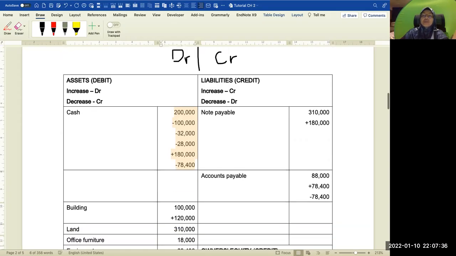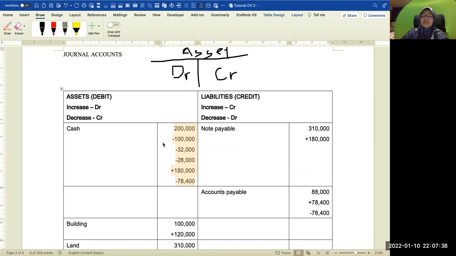So my question is, based on this cash account, you tell me at the end of the day, how much is my cash balance? Based on the T accounts, you have to calculate it. I want you to put that into a T account.